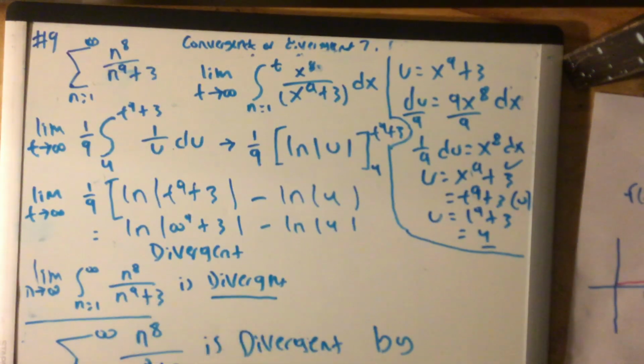We took that integral to the limit as t approaches infinity, and we were able to get a divergent result. This tells us about the series that the series is also divergent. We know that from the integral test.